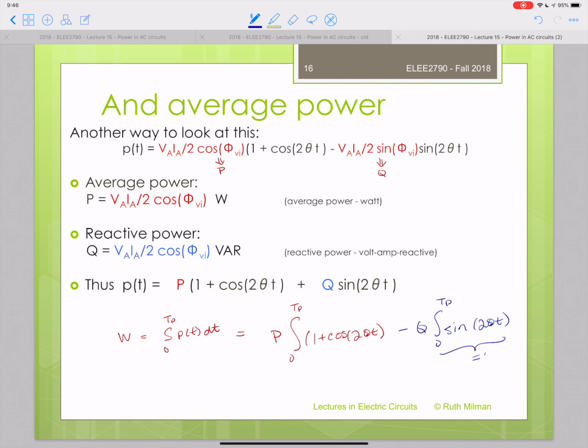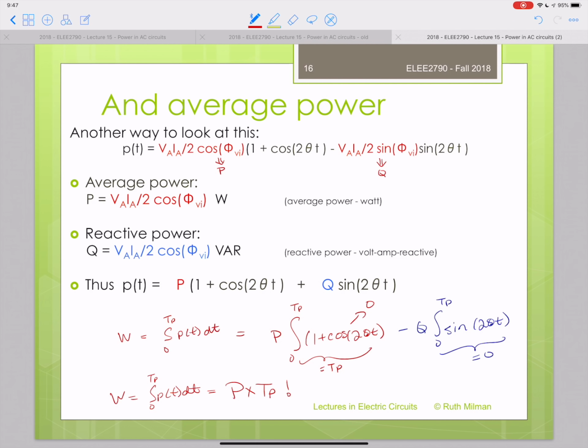This integral is equal to 0, and our first integral has two components to it. The first component gives us a value of Tp. The second component leads to 0. In other words, the work, as we've calculated several times, given that integral, is simply equal to P times the length of time in the period.